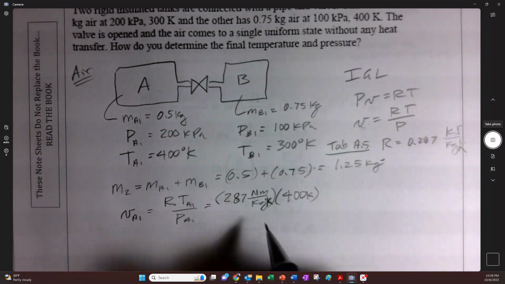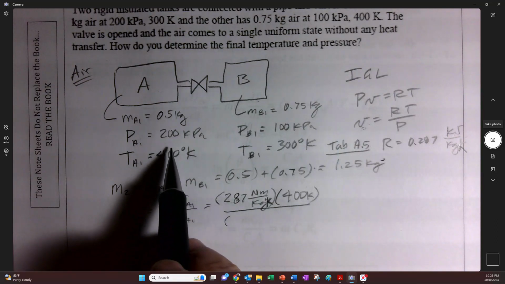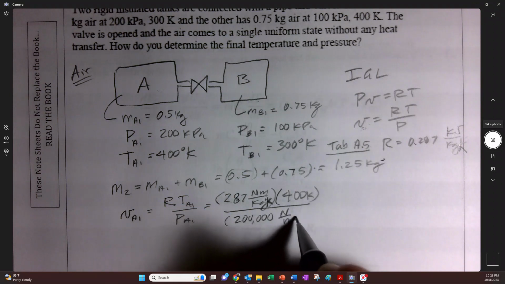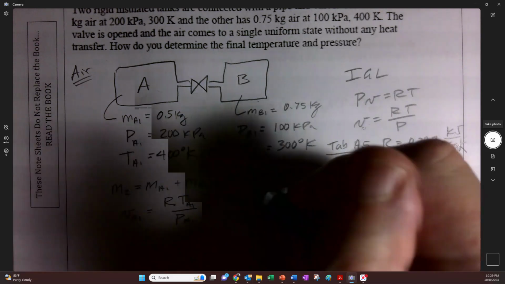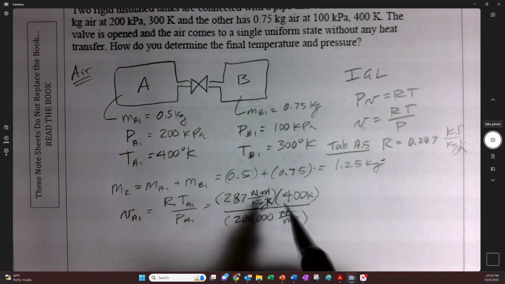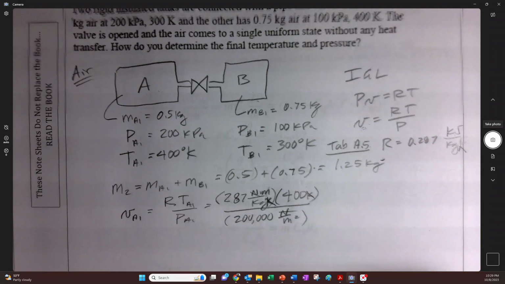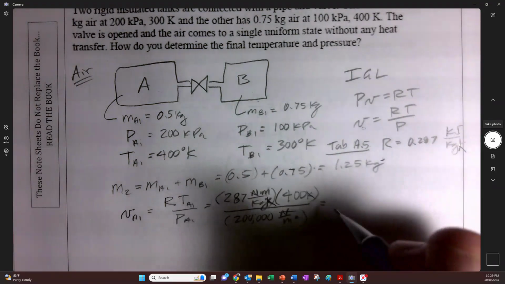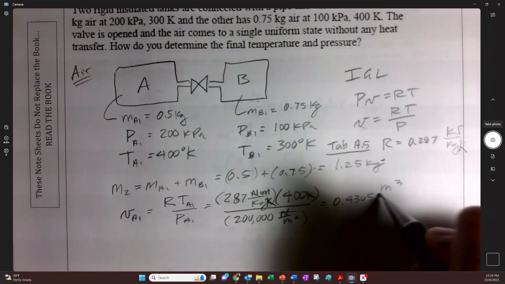I forgot the Kelvin in there. And this is going to be over 200,000 newtons per square meter. The meters stay in there, the newtons go away, the kilograms stay, and the Kelvin disappears. So we're going to come up with cubic meters per kilogram, and that's what we want. And so we're going to get 0.4305, if I did it correctly, which we don't know for sure.